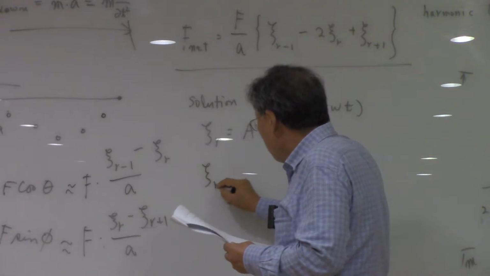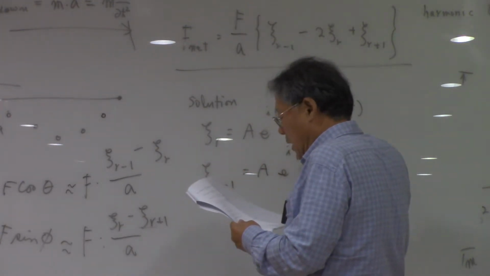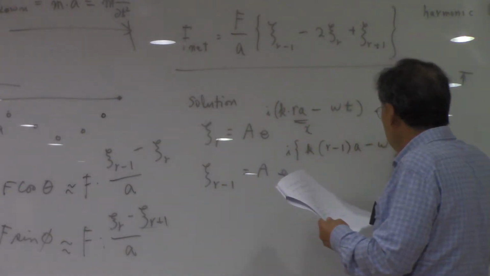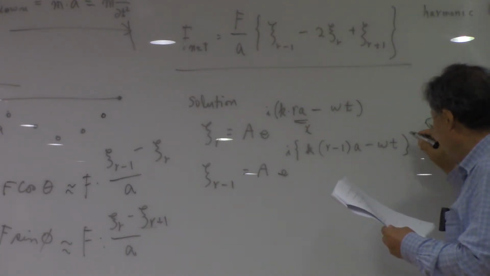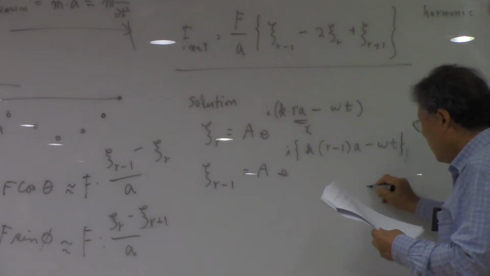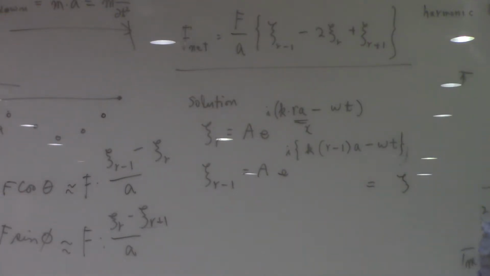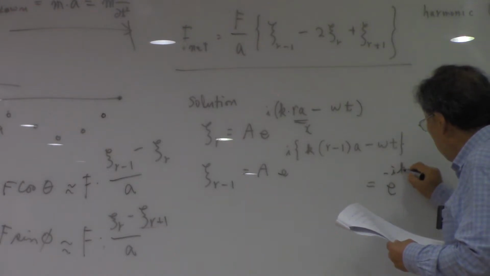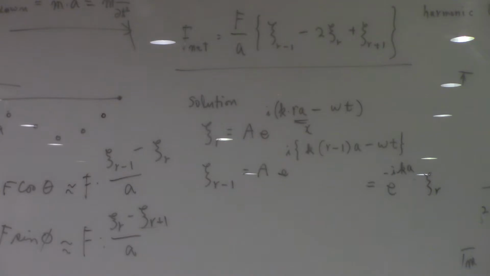And so psi r minus 1 is going to be A e to the i(k (r minus 1) a minus omega t), and this is nothing but e to the minus i k a times psi r itself.